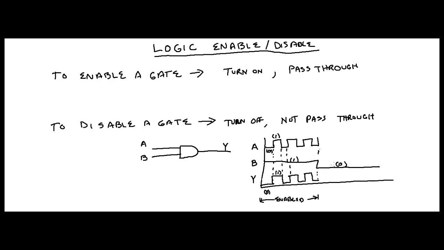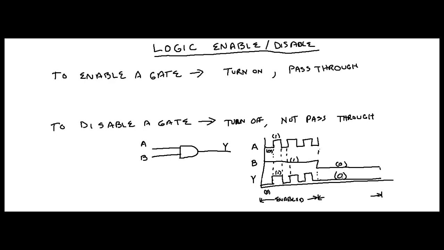Now, what happens when B is low? That's in this next part, from say here to here, right? So what is the output Y going to be? Y is simply going to be 0, isn't it? All the way along here, it's going to be 0.